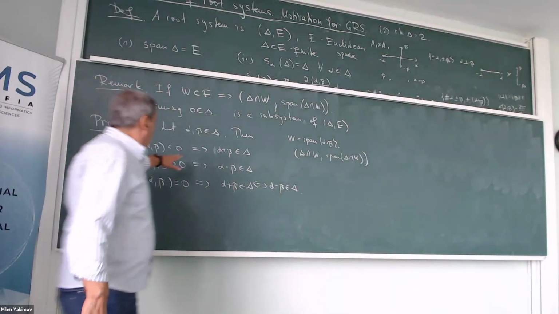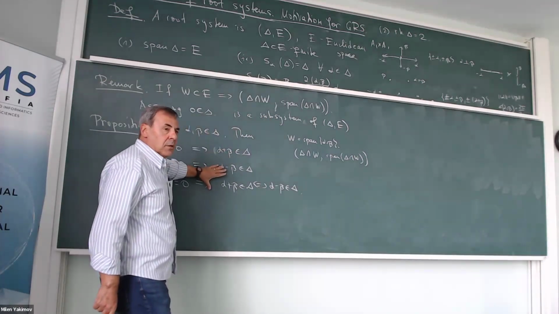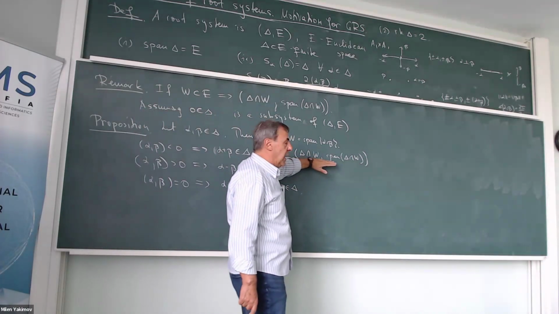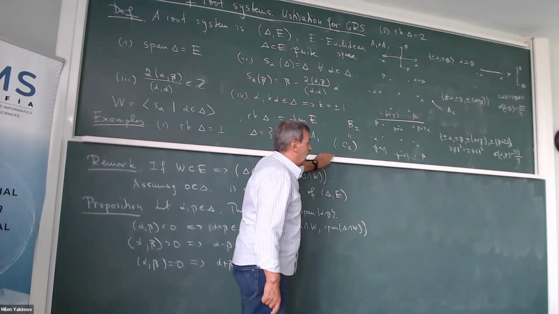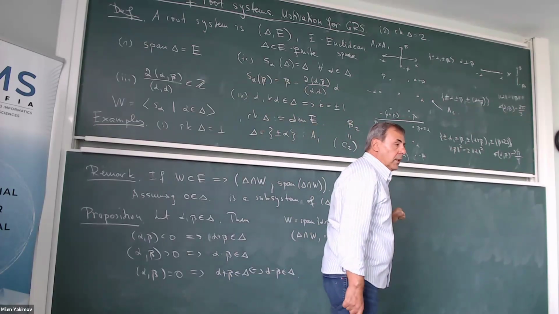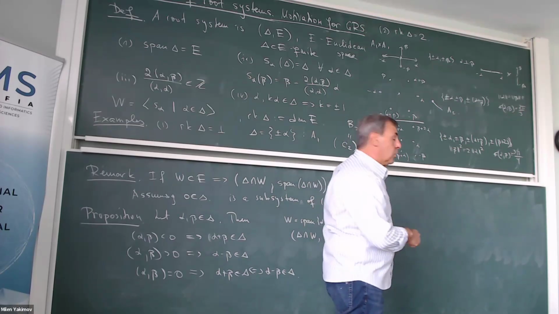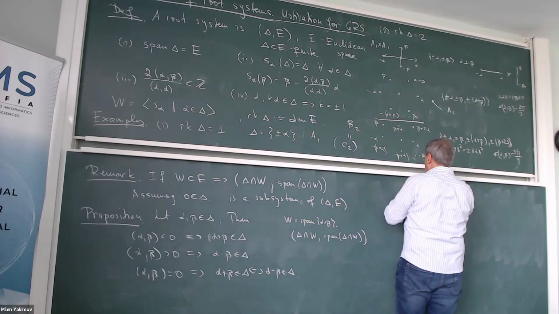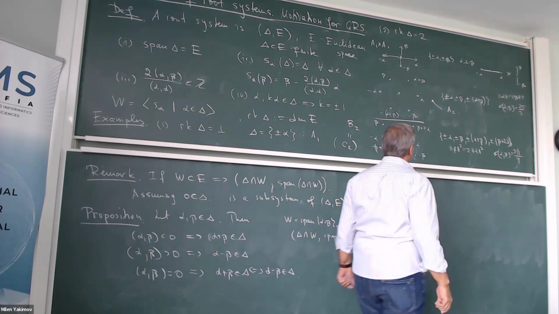So my point was that if I'm looking at this statement, it is happening only in this rank 2 system. And I've told you what rank 2 systems are, right? These are the 4 pictures and the one missing already. And now I can just look at these pictures and see, does it work? So take 2 roots here, for example. Take this root and this root.